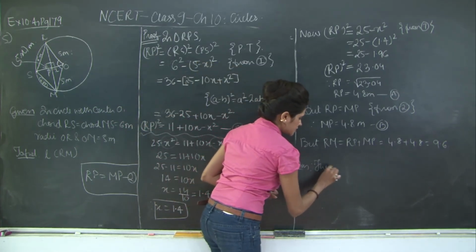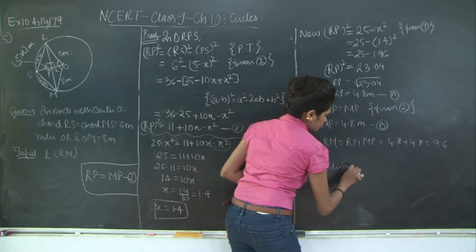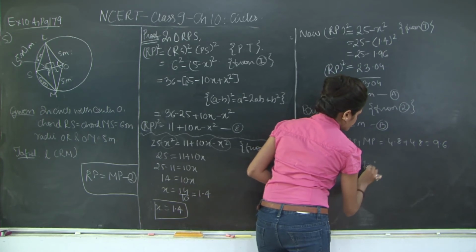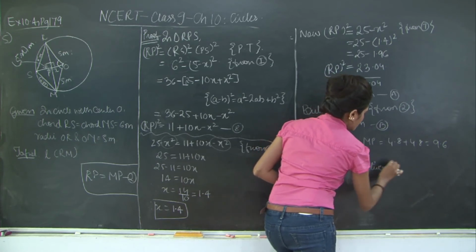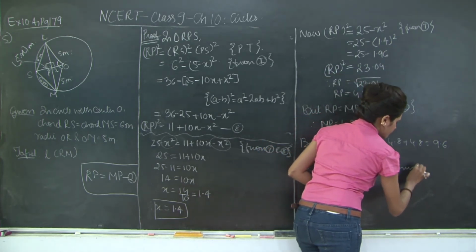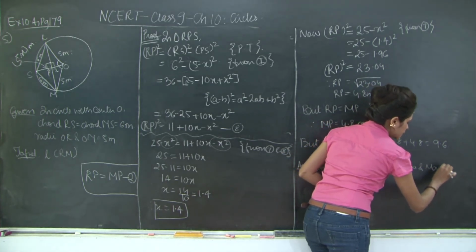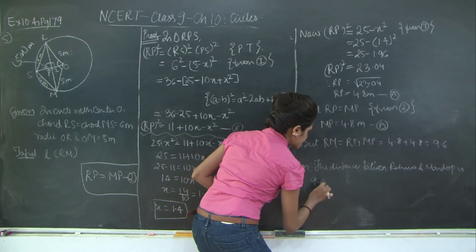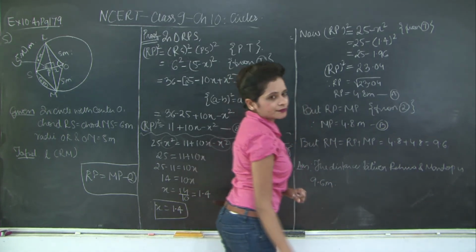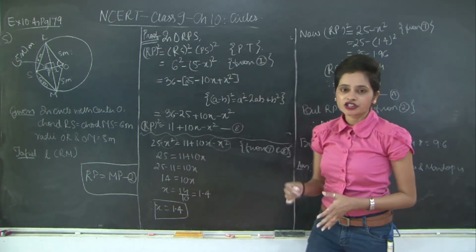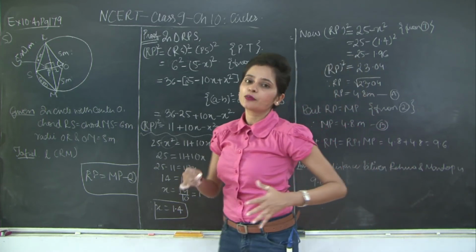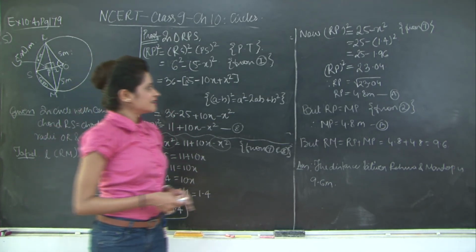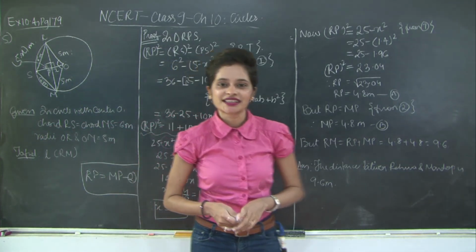The distance between Reshma and Mandeep is 9.6 meters. So, this was about question number 5, which is a case study. I hope you had fun while solving this question. It is pretty simple. Let's take a look at the last question in the next video.